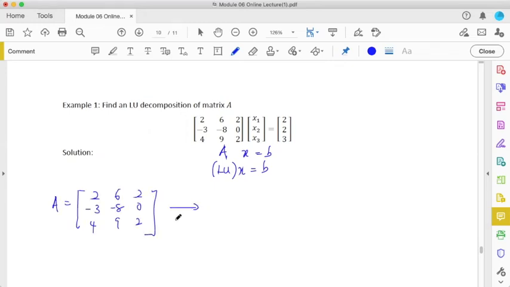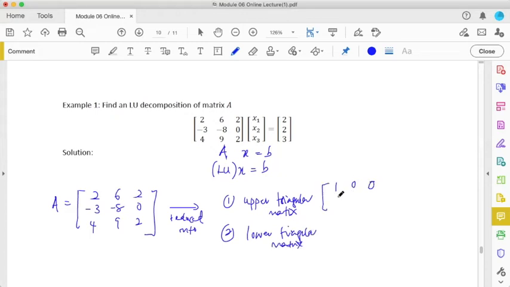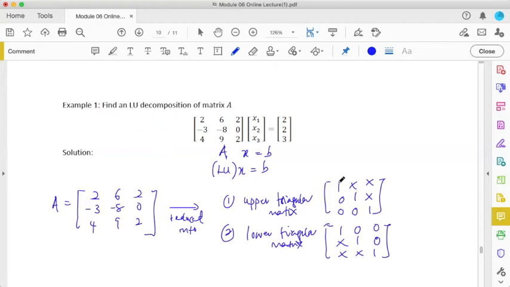So our aim is to reduce this matrix into an upper triangular or lower triangular matrix. So we have the following matrix forms where the diagonal consists of 1.